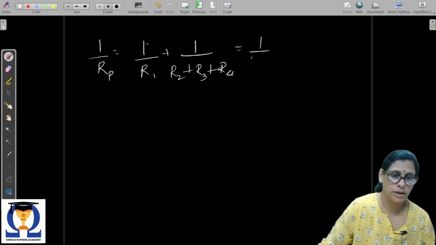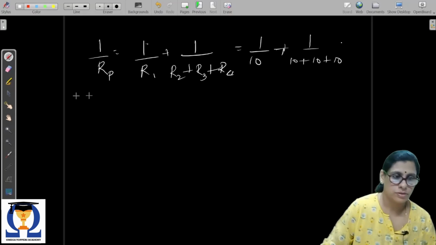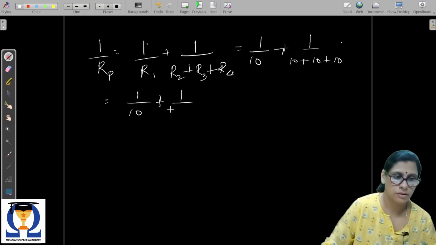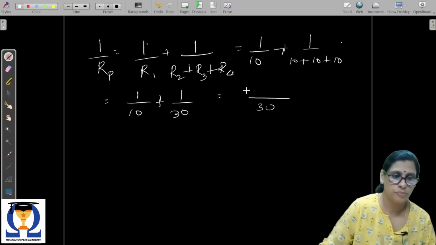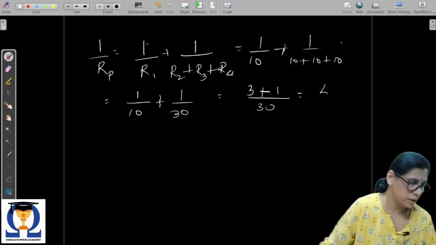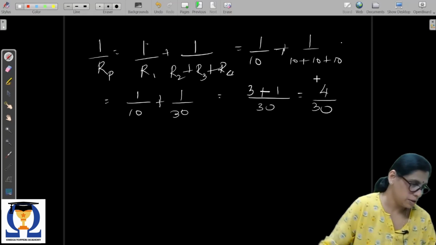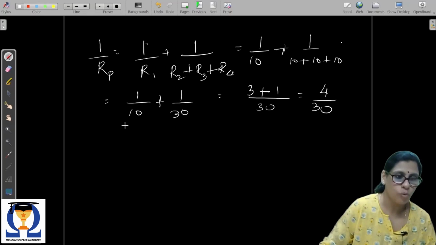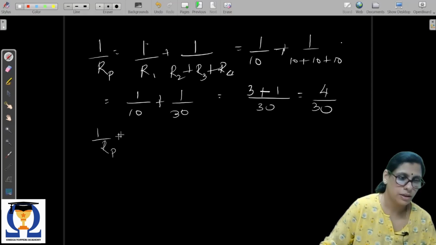So this is given by 1 by 10 plus 1 by 30. Here we'll be taking 30 as LCM. So this will be 3 plus 1, which we get as 4 by 30. So 1 by Rp we are getting as 4 by 30.